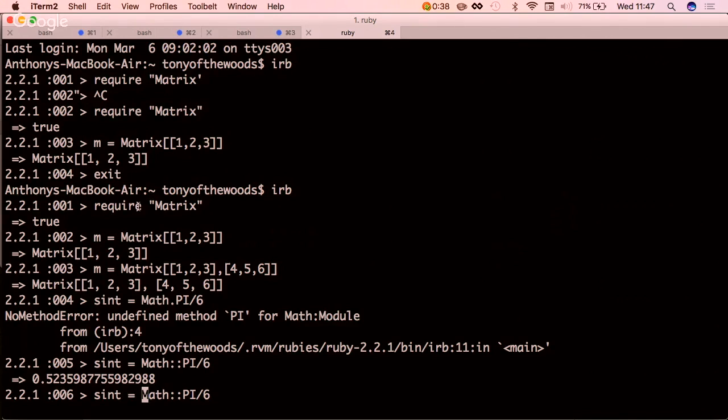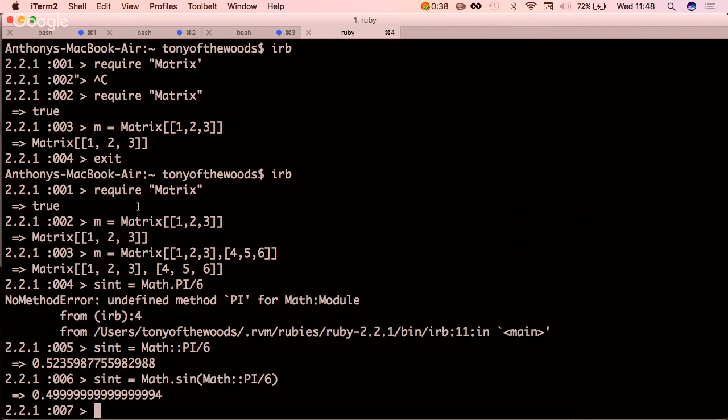Actually, what am I talking about? It is math dot sine of that. There we go. As I said earlier, it's exactly 0.5. Good. And okay, don't you just love floating point arithmetic?